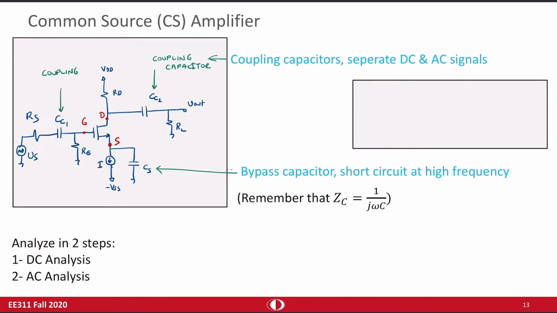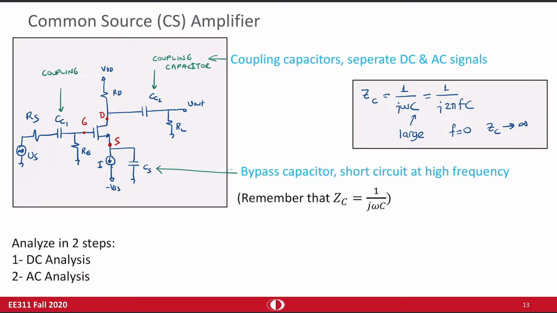How do they separate? Because the capacitor impedance can be written as ZC equals 1 over j omega C. We generally choose this capacitance value as large. So at small frequencies, let's say this is 1 over j 2 pi f C. When you're operating at DC, if f is equal to 0, this ZC goes to infinity.